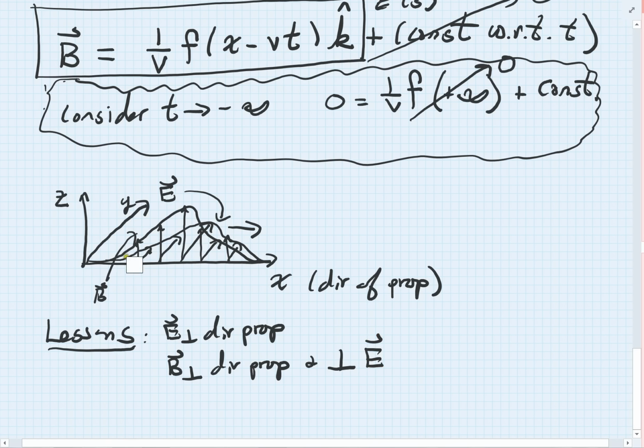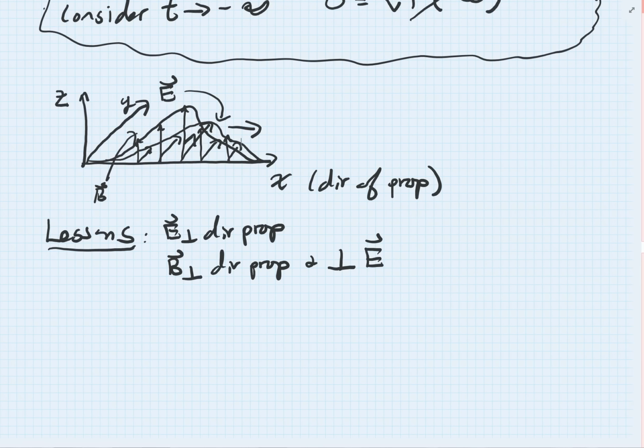So you see that E and B form an orthogonal set of vectors that are both also orthogonal to the direction of propagation. So it seems that electric and magnetic fields and their direction of propagation set up some kind of a right-handed coordinate system.